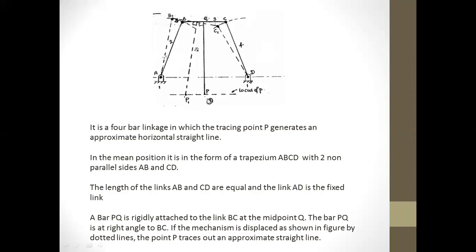If the mechanism is displaced from this position to the dotted line position, AB and CD reciprocate, so B moves to B1 and C to C1, and this point Q will move, and P will move along a straight line, from P to P1. So P will always trace a straight line.